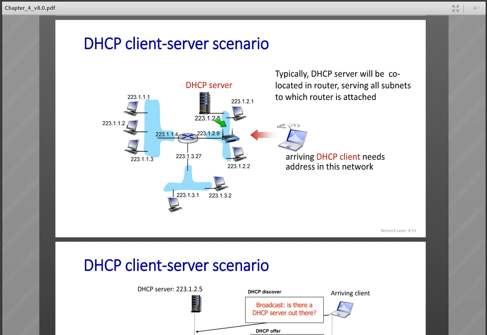So it must receive an IP address in the range of this network, because currently it's a part of this network, assigned to a specific network.